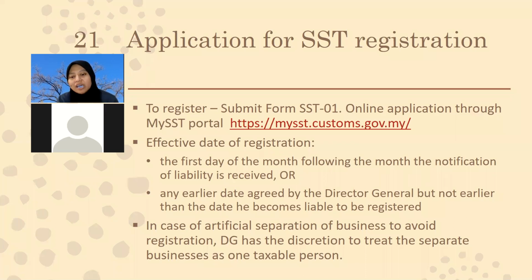If the DG has suspicion on that and investigates further, and decides that this is just an artificial separation, it's actually the same business registered under different names just because they want to avoid reaching that 500,000 threshold because they don't want to be registered. So the Director General has the discretion to treat the separate businesses as one taxable person. They will still be taxed as one business, and the revenue will be added together to reach that 500,000 threshold.